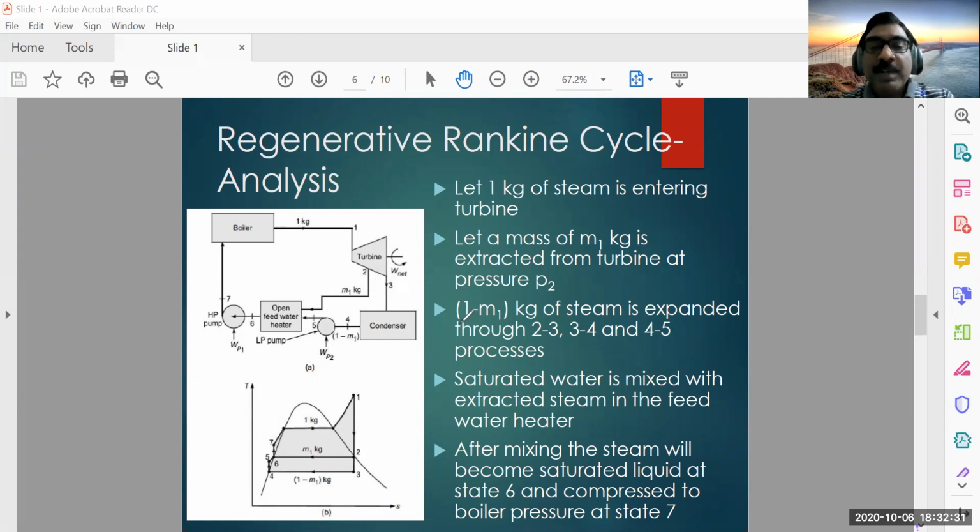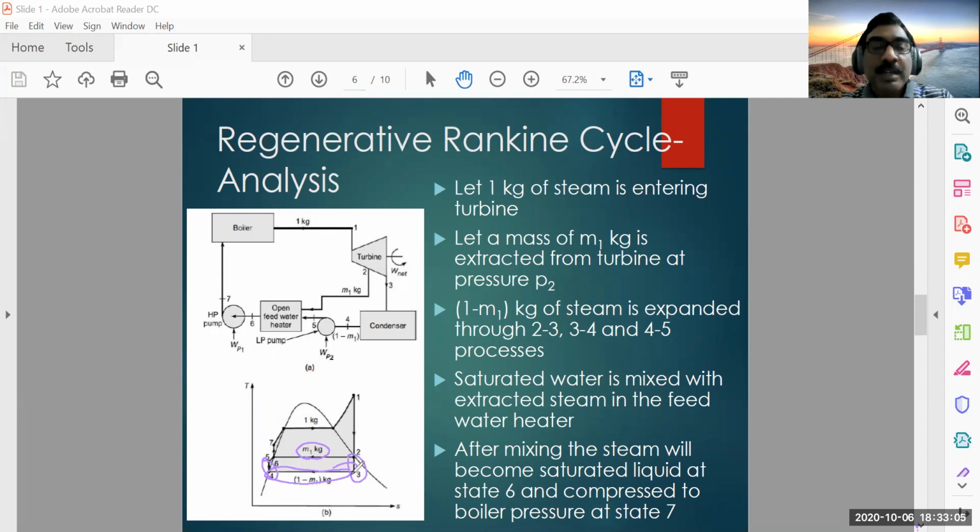And the remaining mass, 1 minus m1 kg of steam, is expanded through 2, 3, and then 3, 4, and 4, 5. So in these stages, only 1 minus m1 kg is going. And m1 kg is going from 2 to 6.